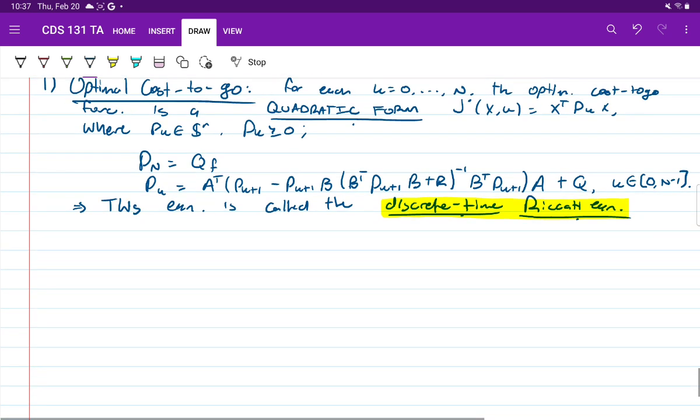Okay? All right. Now, secondly, we're going to have a statement about the actual optimal control law.